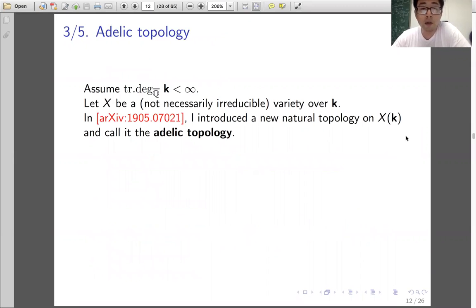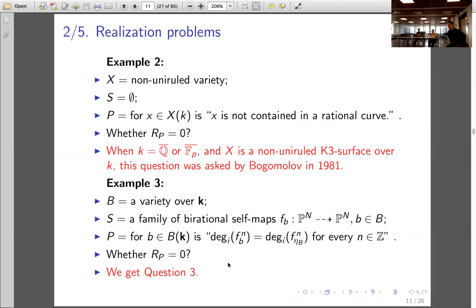Can I ask a question? Okay. In your previous slide, you mentioned that R_P is 0 is equivalent to your question 3. Can you explain a little bit about why they are the same? I don't understand this R_P is 0. What does that mean? R_P equal to 0 means that you don't need to take a base change, because K is an algebraically closed field.